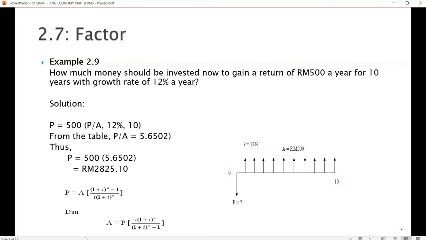Annually you will get 500 ringgit, until year 10, from first year until year 10. So how are you going to do this one? Okay.